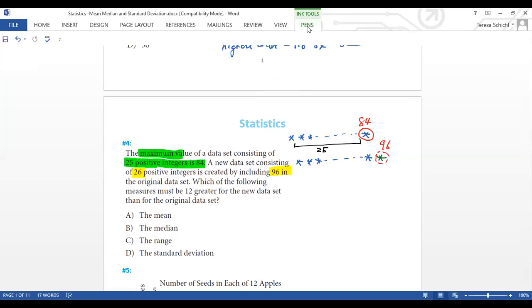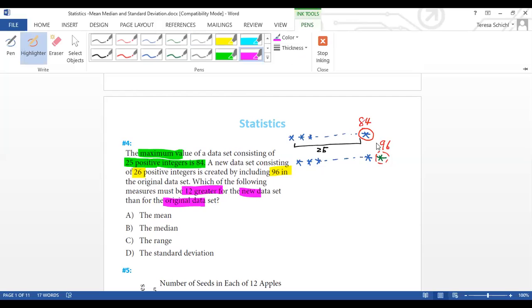Be careful when you read this one. Which of the following must be 12 greater for the new data set than the original data set? Because I know 96 is 12 greater than 84. So let's look at which measure. The first thing: will that be the mean?